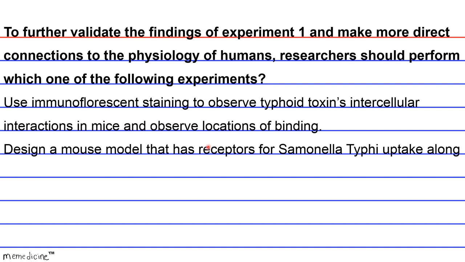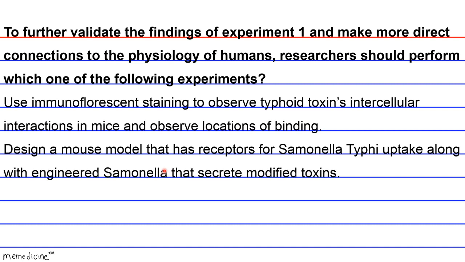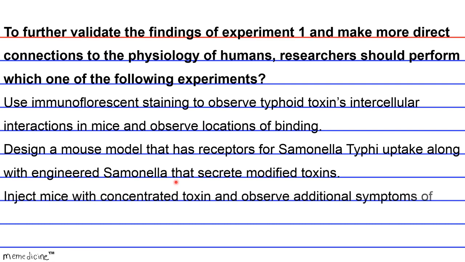Is it B, design a mouse model that has receptors for Salmonella typhi uptake along with engineered Salmonella to secrete modified toxins? Or is it C, inject mice with concentrated toxin and observe additional symptoms of typhoid fever beyond just weight loss? All right, this is a tough one. I'll give you a moment to think.